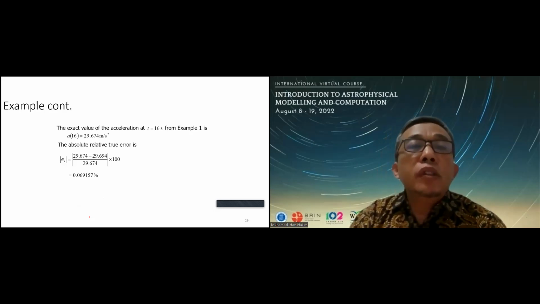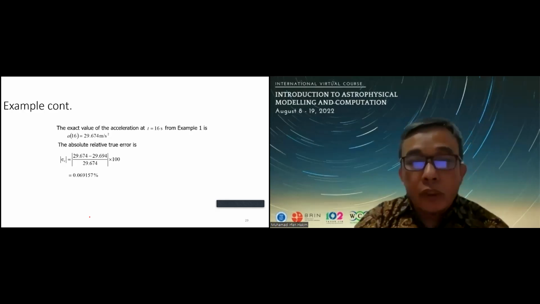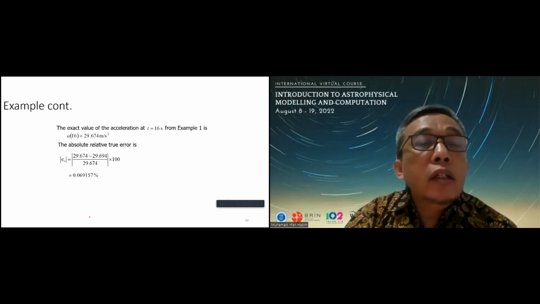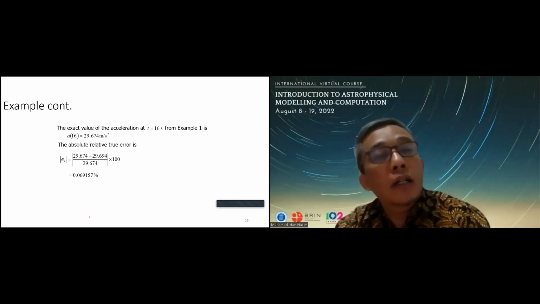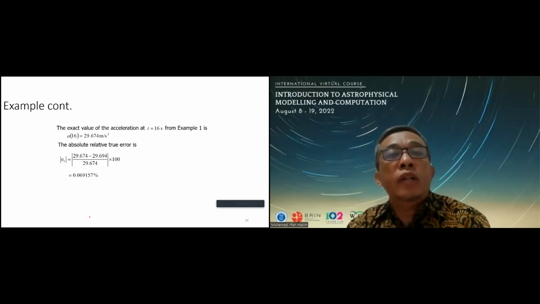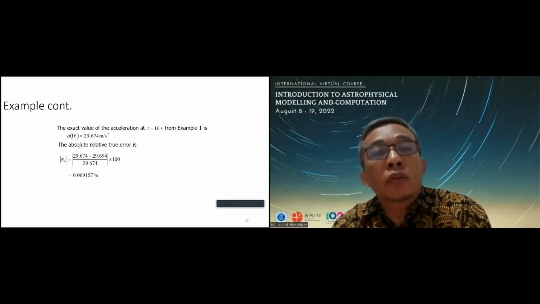As we know the exact value of the acceleration, because the velocity function is an analytic function, we could calculate the absolute relative true error.